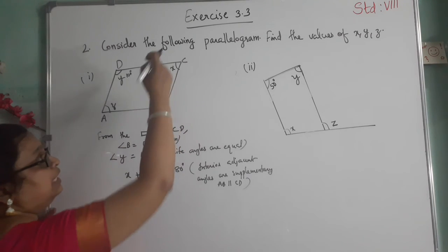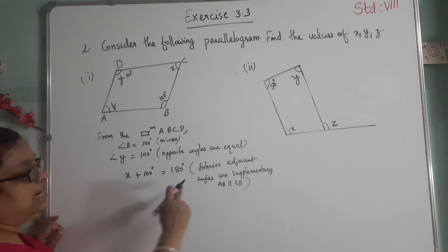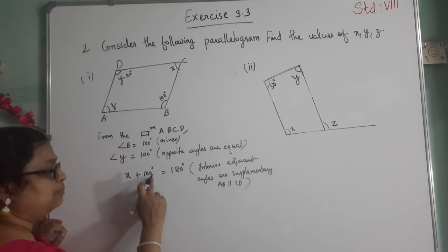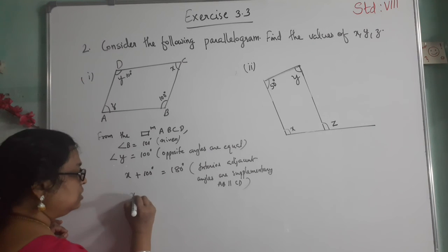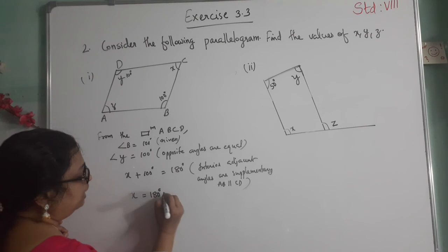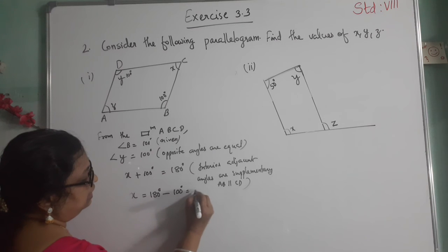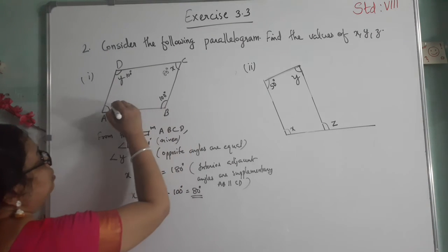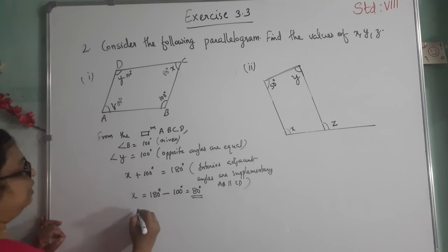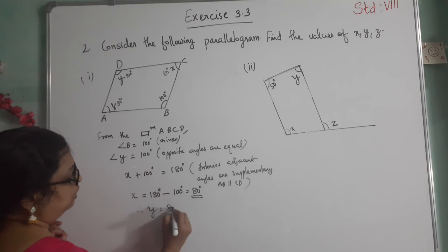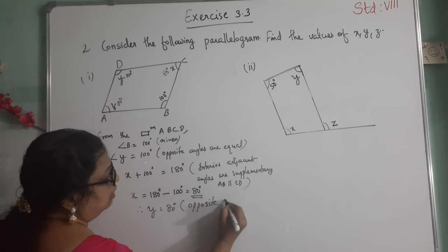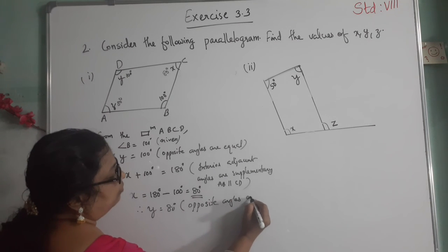Then 100 degrees and x are the interior adjacent angles. Adjacent angles are supplementary, so x plus 100 equals 180 degrees. From that, x equals 180 minus 100, which is 80 degrees. So this also is 80 degrees. Therefore z equals 80 degrees, since opposite angles are equal.